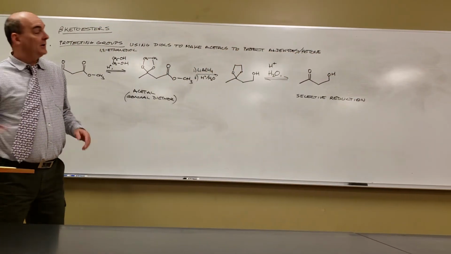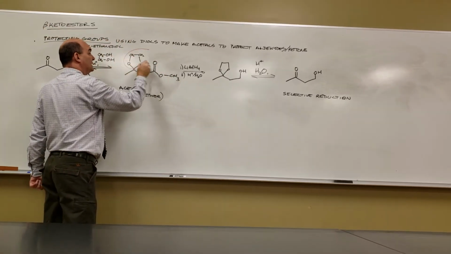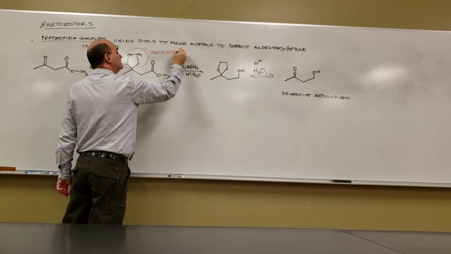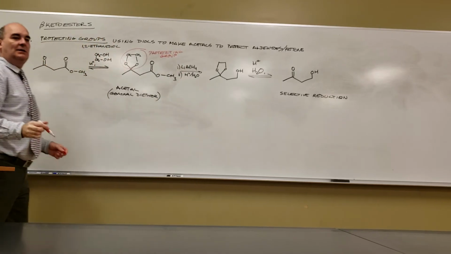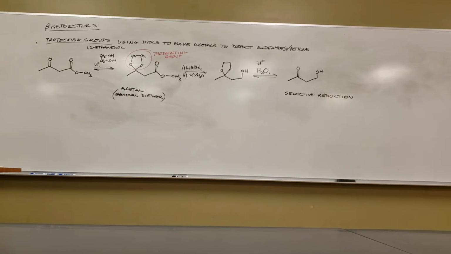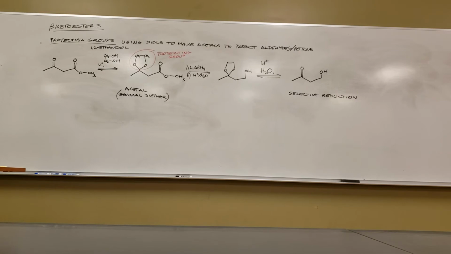And what's gone on at the active reaction step is this is what we call a protecting group. And there are multiple protecting groups in the book. Actually, that's not really true. There are multiple protecting groups in use in modern synthesis.